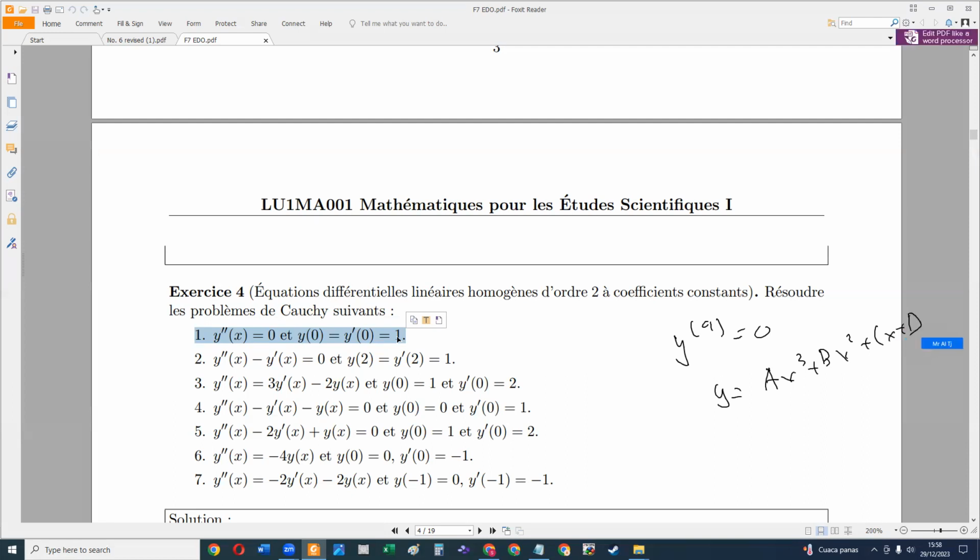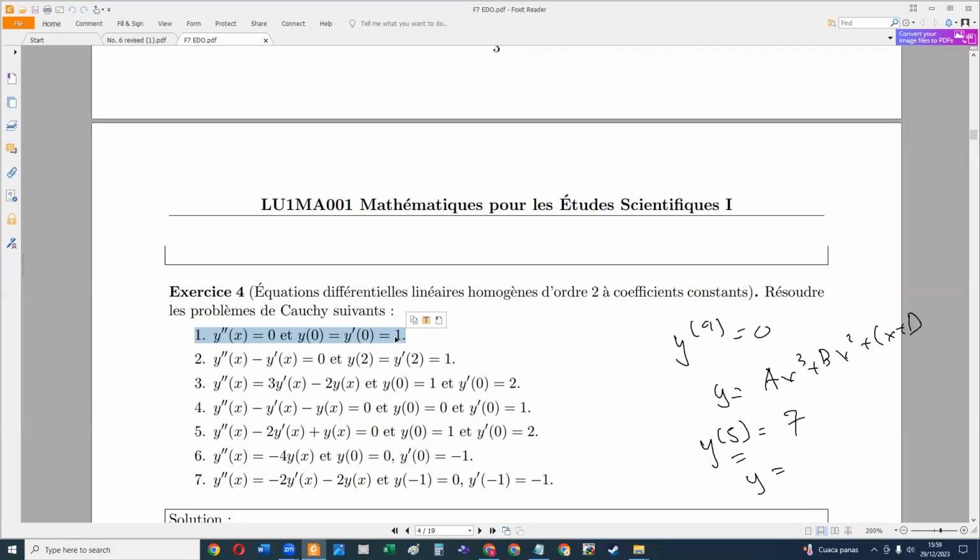If the nth derivative is a constant, let's say y5 is a constant, say 7, then we know it's going to be a polynomial of the same level. So y is going to be a polynomial to the power of 5.